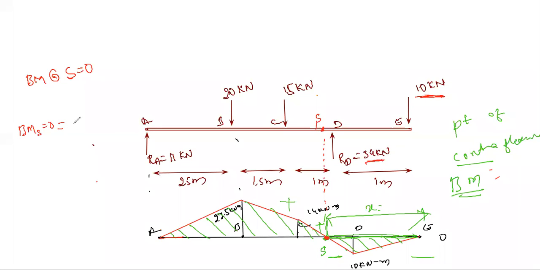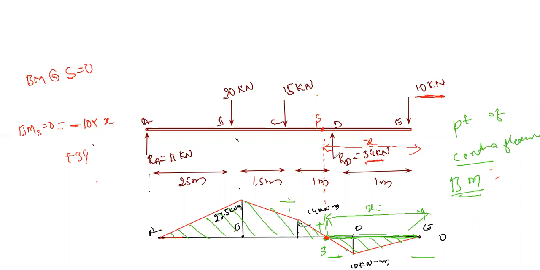So I can write the downward acting force as negative 10 kilonewton into the distance from here to here, which is x. Into x, we have this force, that is positive 34.